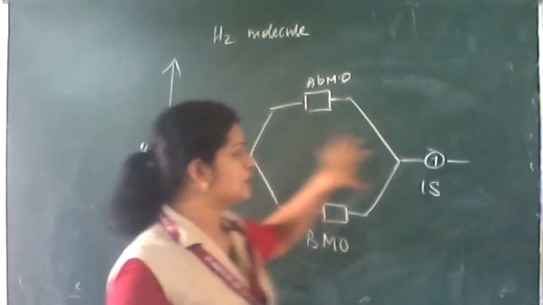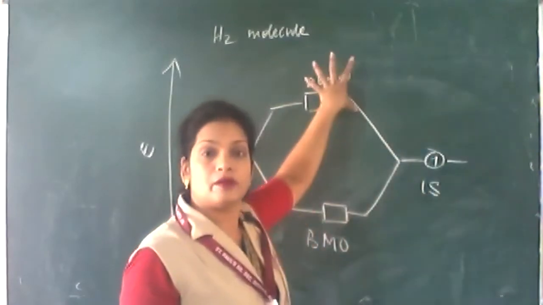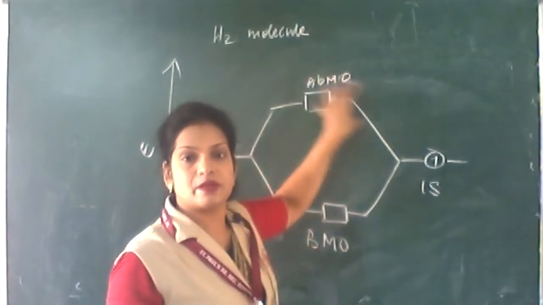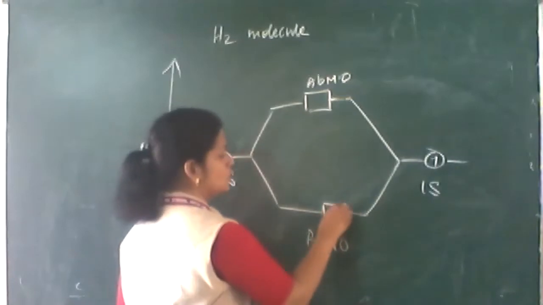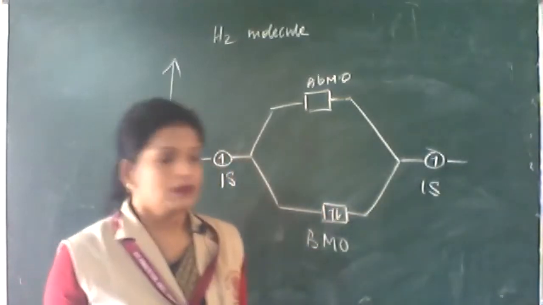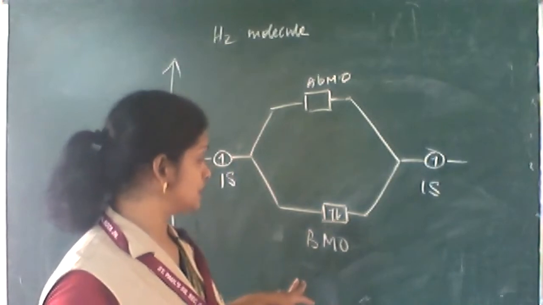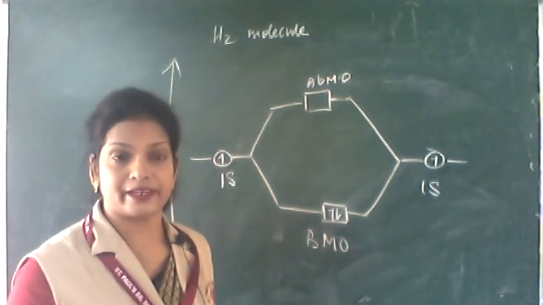Pure atomic orbitals combine to give molecular orbitals. One is more stable, one is unstable. There are only two electrons. These two electrons can go here. The bonding molecular orbital has lower energy and the anti-bonding molecular orbital has higher energy.